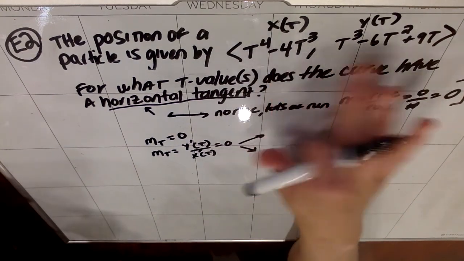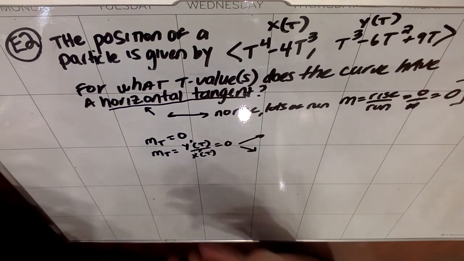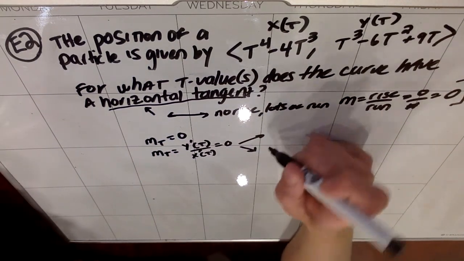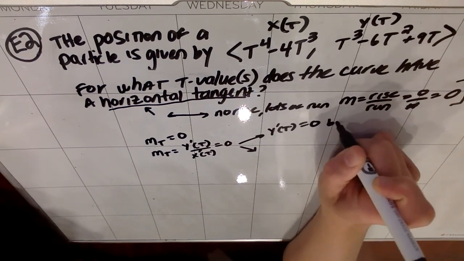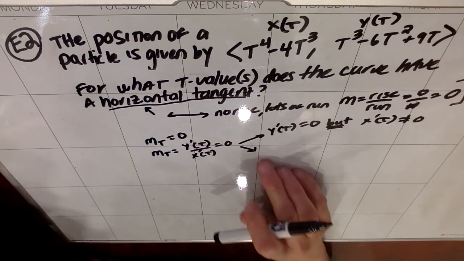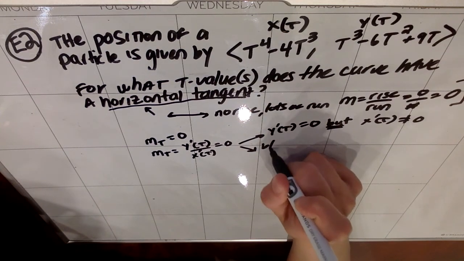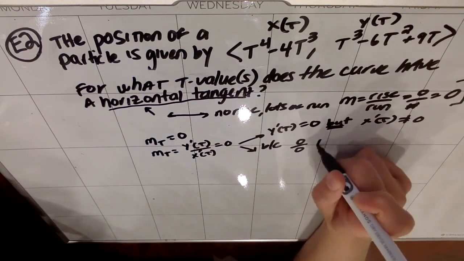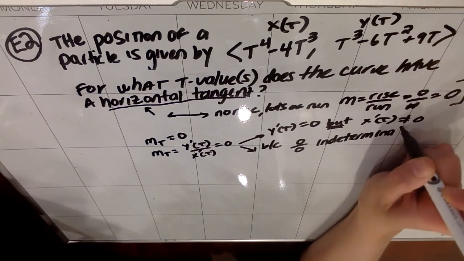But the third mental leap, right? So mental leap number 1 was the notation. Mental leap number 2 was the definition of horizontal tangent. Mental leap number 3 is to recognize that what we're really looking for is when y prime of t is 0, but x prime of t is not 0, right? The reason is because 0 over 0 is what we call an indeterminate form.